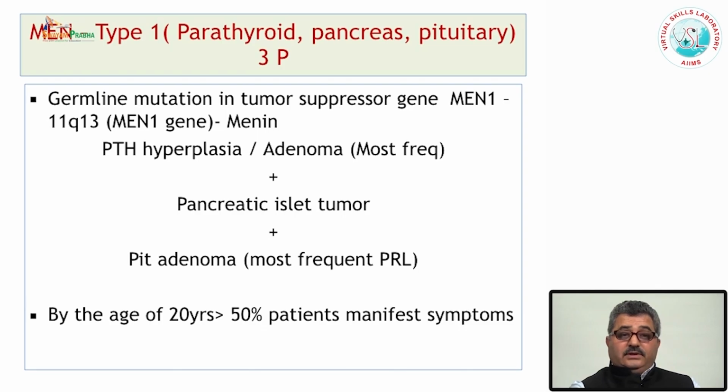The MEN1 gene is on chromosome 11q13. It encodes the protein menin, and it can lead to hyperplasia or adenoma of the parathyroid glands, pancreatic islet cell tumor, and pituitary adenomas. By the age of 20 years, more than 50% of the patients manifest symptoms.